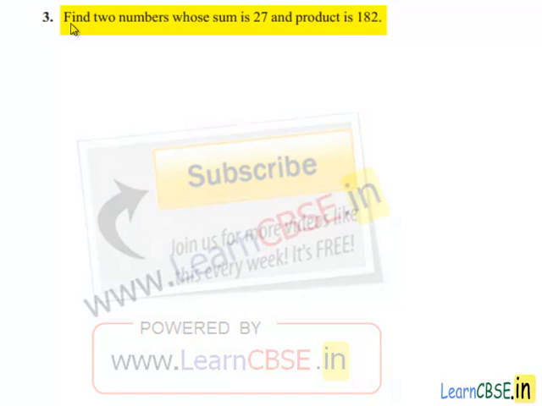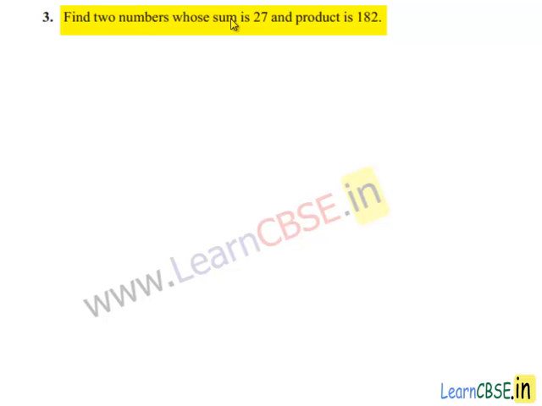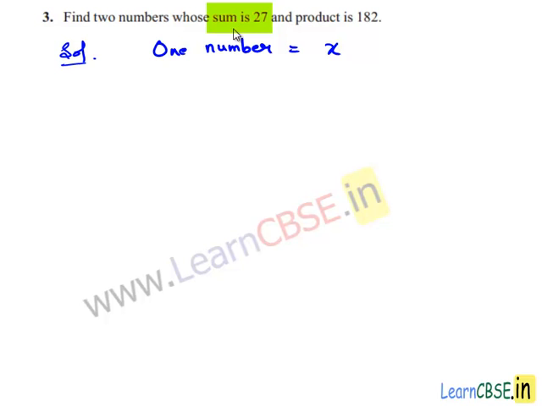Coming to the third problem, find two numbers whose sum is 27 and product is 182. So let us assume one number is equal to x. Since the sum of the two numbers is 27, the other number will be the total sum 27 minus one number which is x.